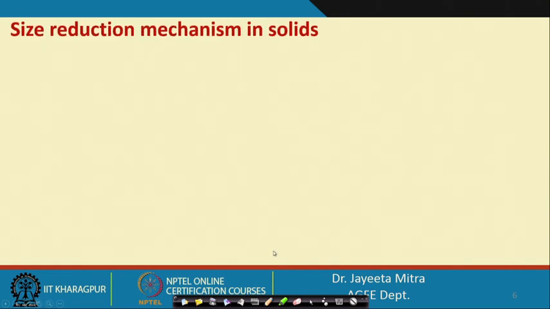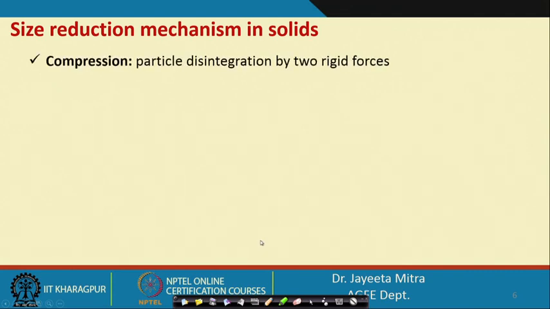Now, size reduction mechanism in solids. Definitely in solids and liquids, the mechanism by which we reduce the size will be different. So, first we will see the mechanism in the solid sample.